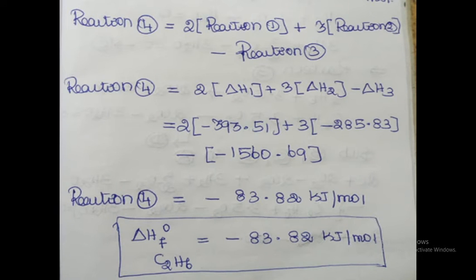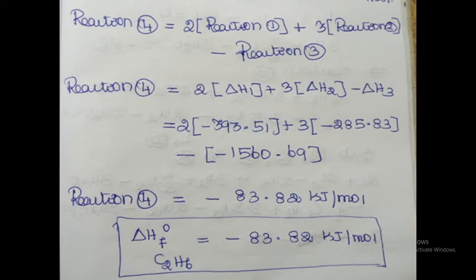First, we are going to calculate the standard heat of formation of ethane gas. As per the procedure, based on the number of moles of combustion products formed in the combustion reaction, we should multiply reaction 1 by 2 and multiply reaction 2 by 3, then add these two equations, 2 into reaction number 1 plus 3 into reaction number 2, and we have to subtract the rest of the reaction in the given problem.